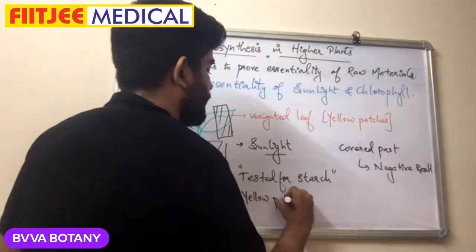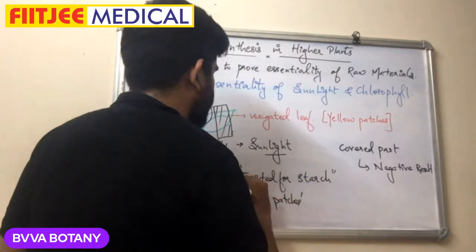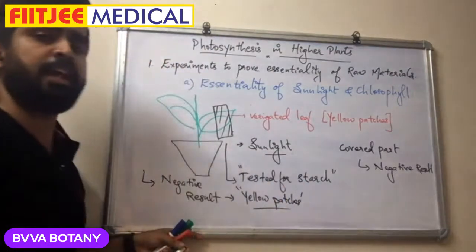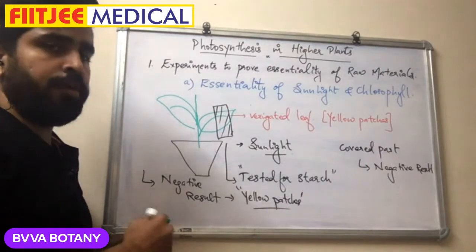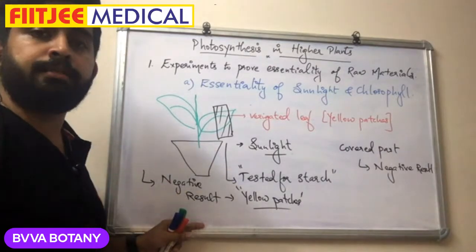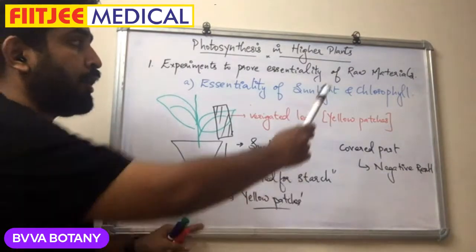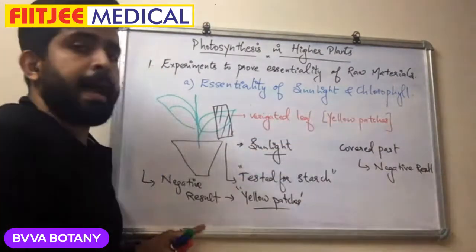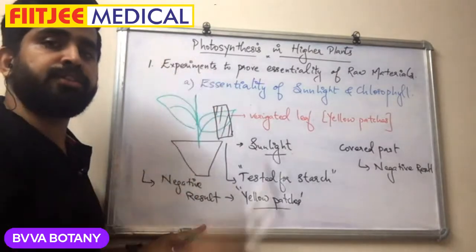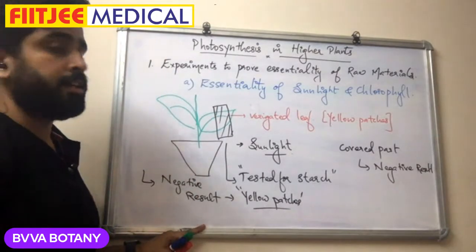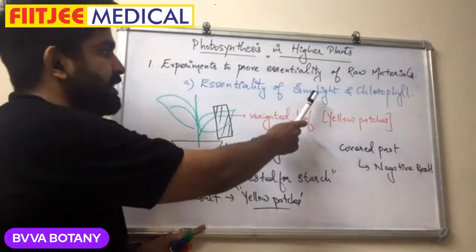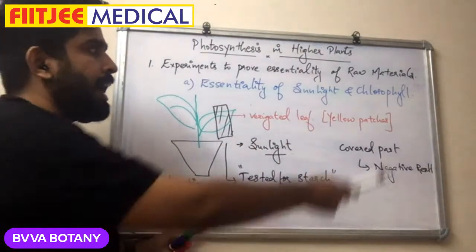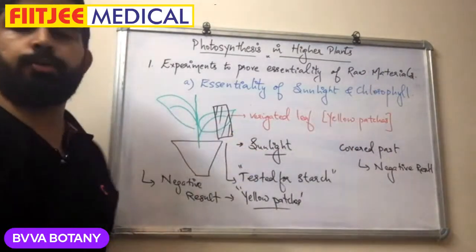Because we have taken a variegated leaf, it has yellow patches, and in the yellow patches there was no starch formation. It proves there was no chlorophyll in that region, and hence photosynthesis did not happen. So we can conclude that for the process of photosynthesis, sunlight is required and chlorophyll is also required.